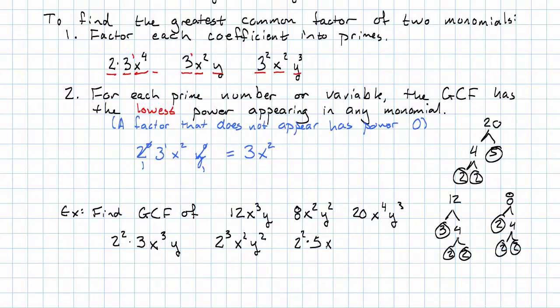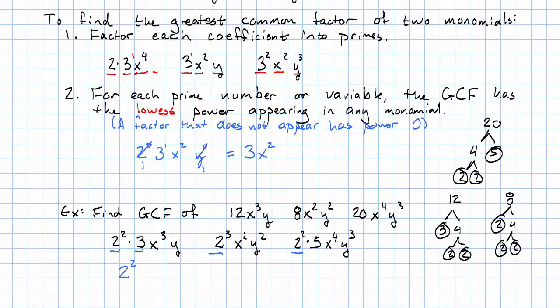And then I've got x to the fourth, y to the third. Okay, so going through the factors. 2 appears in each monomial. Its lowest power is 2. So I'll have 2 squared.